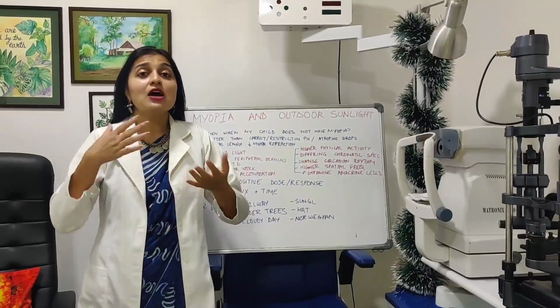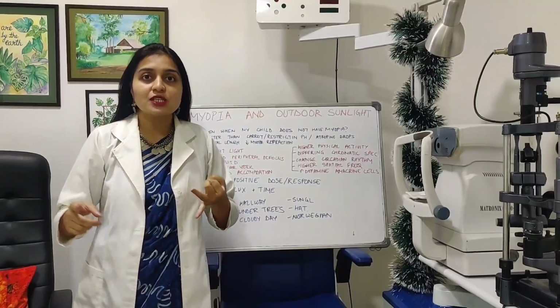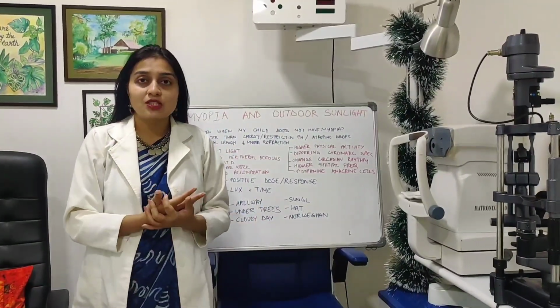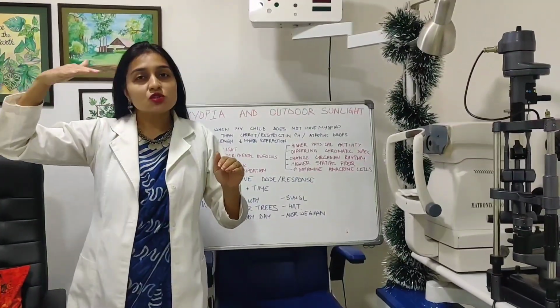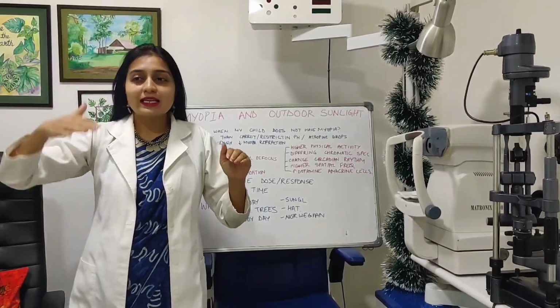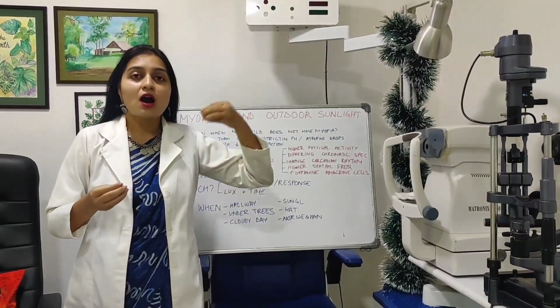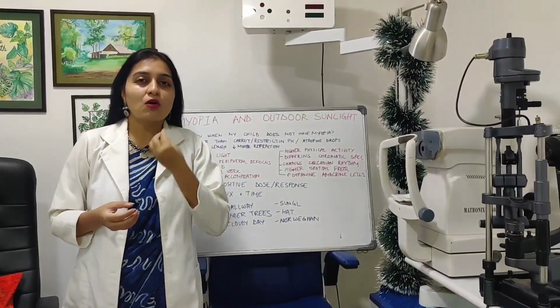The second thing is, with the increase in screen time, with the increase in digital time, with the increase in the near work and the amount of studies that today's children are doing, definitely you see an increase in myopia. So one of the best ways to decrease it is, we cannot be decreasing our screen time because that is how the world is advancing. All the studies, even we spend more time on our screens.